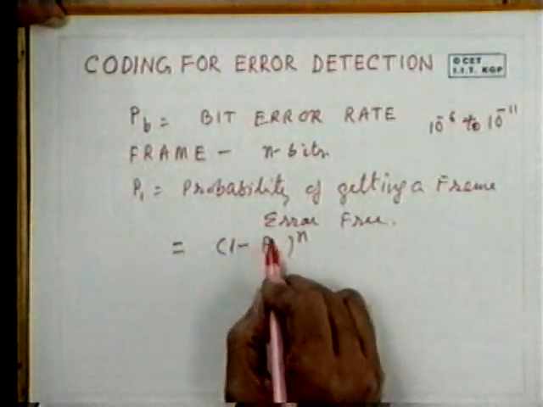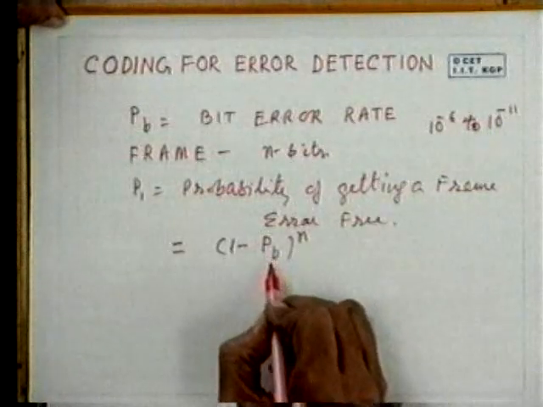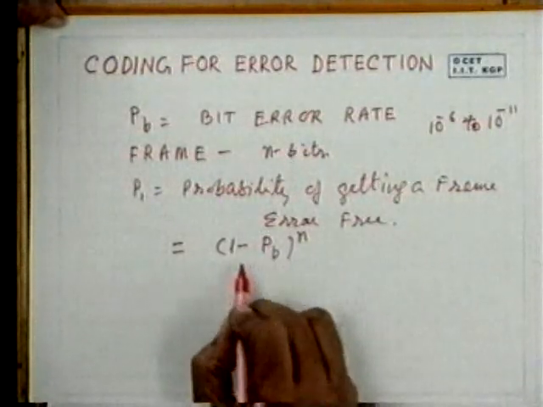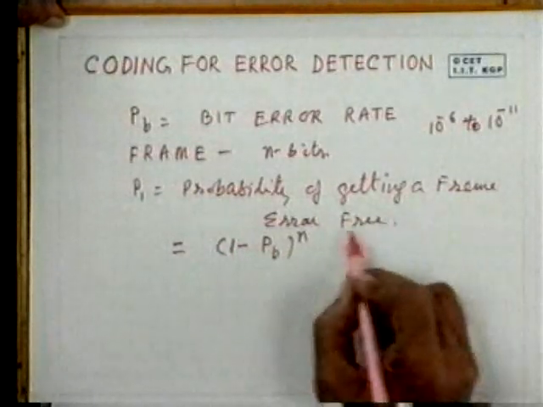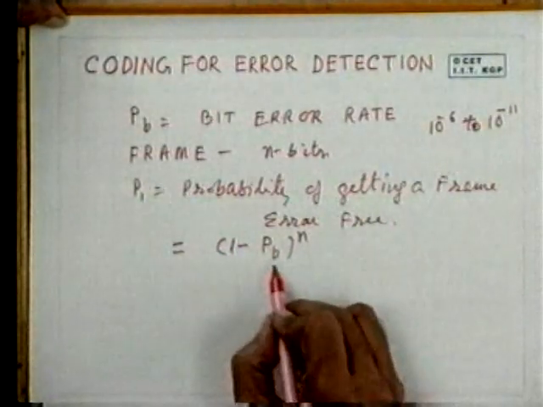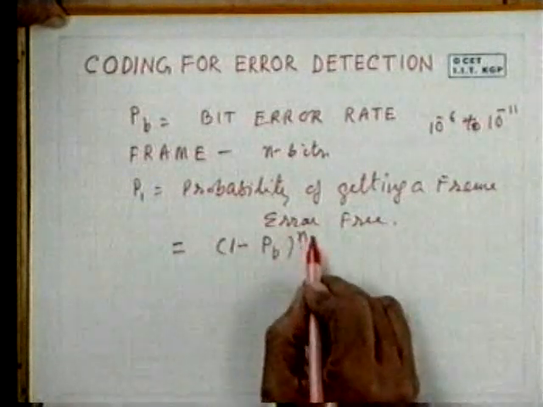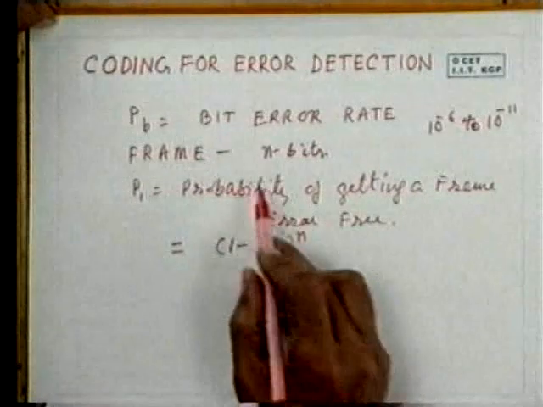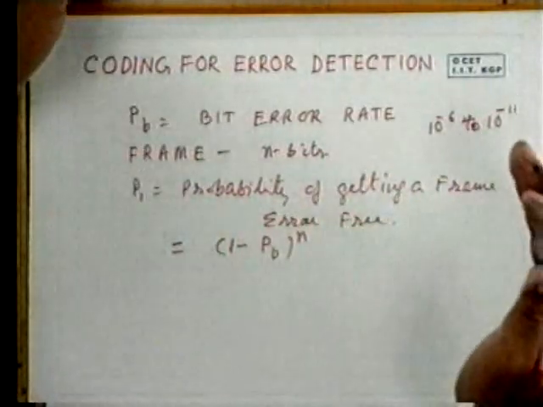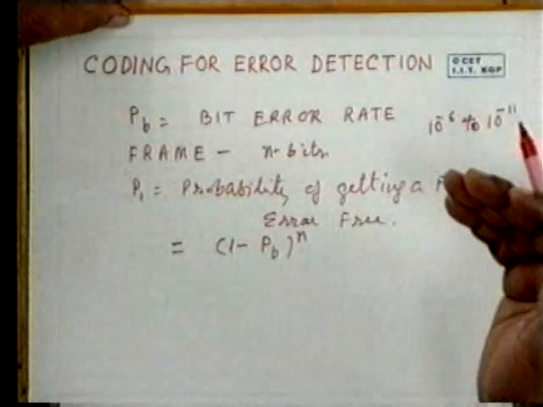Since the value of PB is less than 1, the probability of getting a frame error free becomes less as the value of n increases. Therefore, when you are sending a longer frame, the probability of getting it without error reduces as the length of the frame increases.